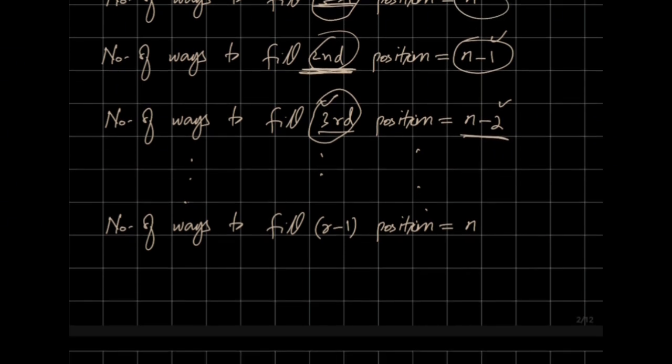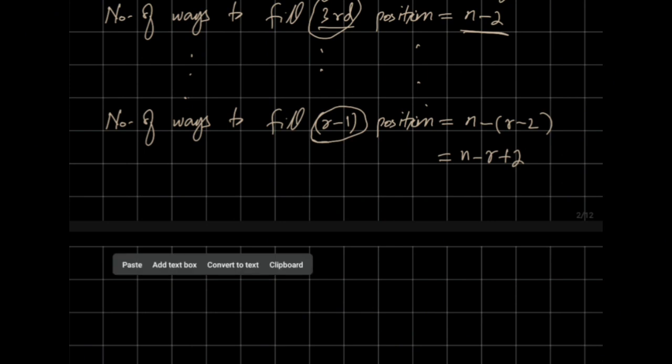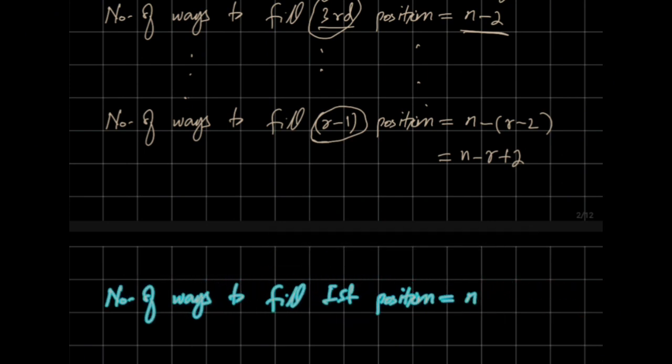So we will do the same thing. Here we have r minus 1. So what is 1 less than r minus 1? That is r minus 2. So we have to subtract r minus 2, which gives n minus r plus 2. Got it? Okay, now how to fill the rth position?